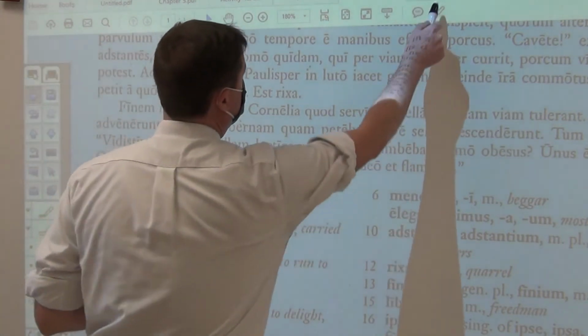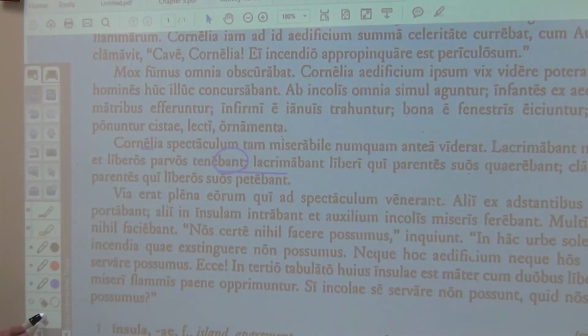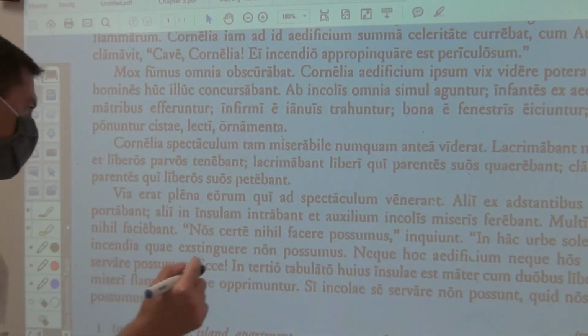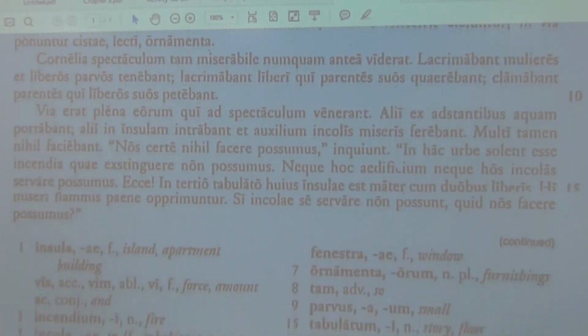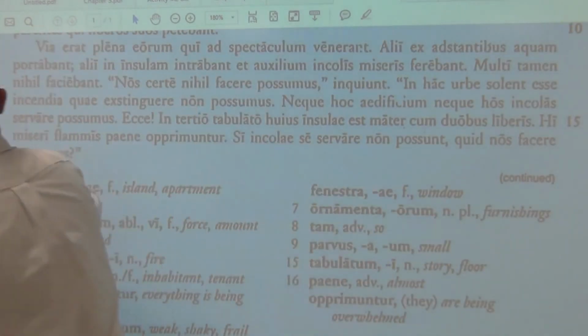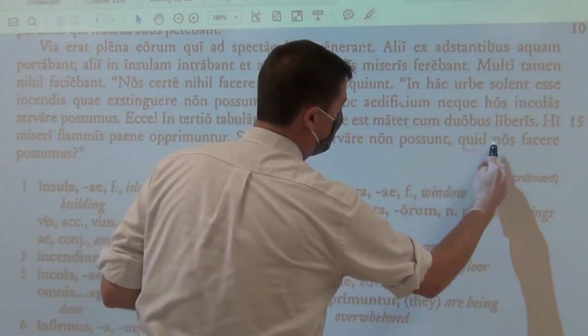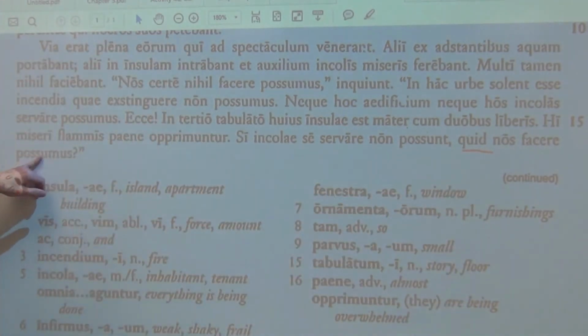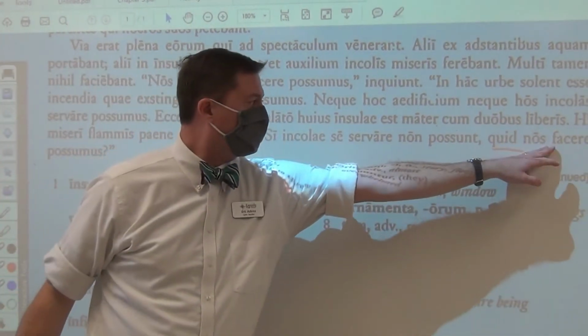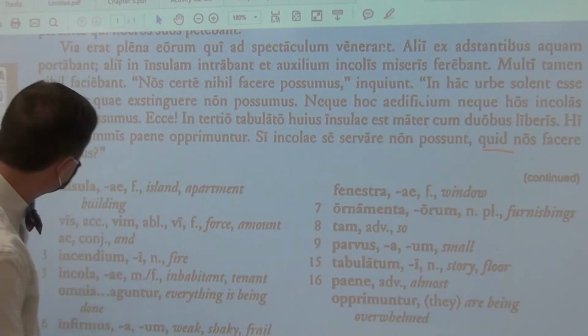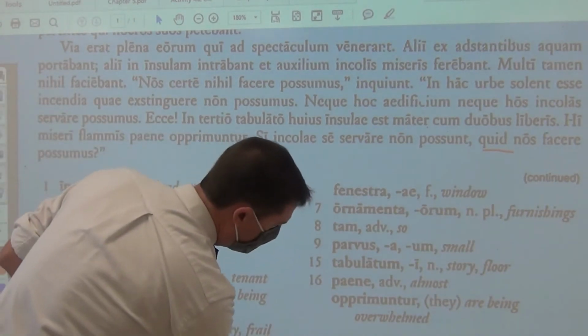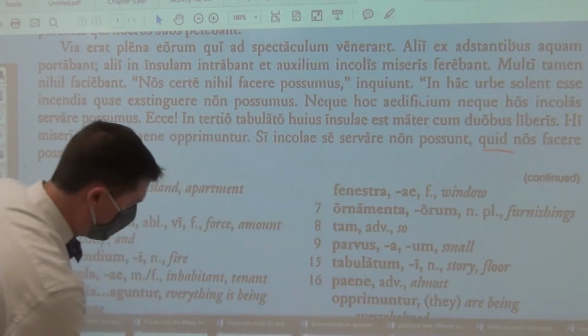You can see another example in chapter 30, in which, if we were to look here again, you see, quid, what are we able to do? That quid is the quid in my chart.